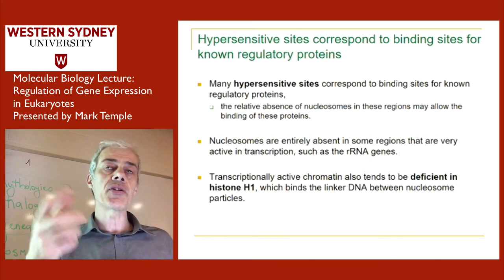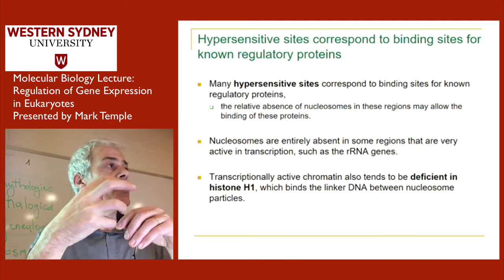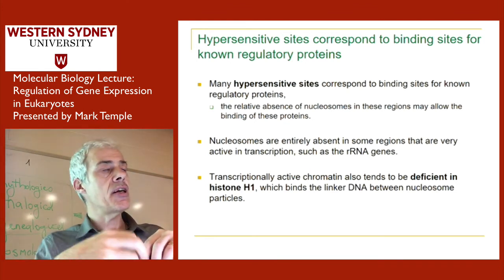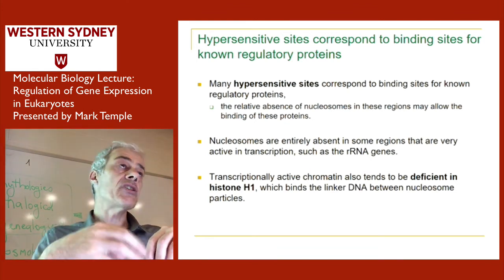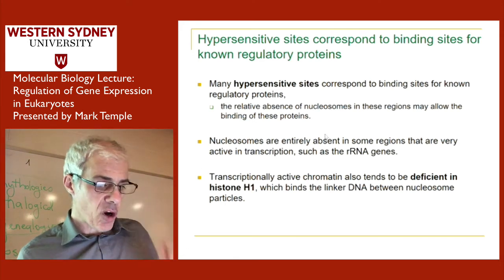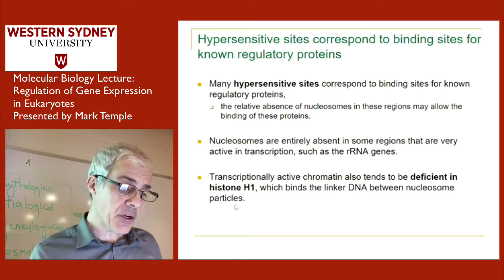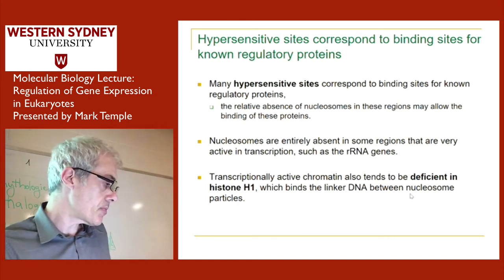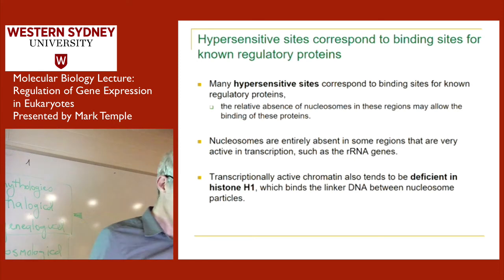So histone H1 is thought to be involved in condensing the nucleosomes, and when histone H1 is absent, the nucleosomes are thought to be less tightly packaged. So transcriptionally active chromatin tends to be deficient in histone H1, which binds in that linker region between the nucleosomes.